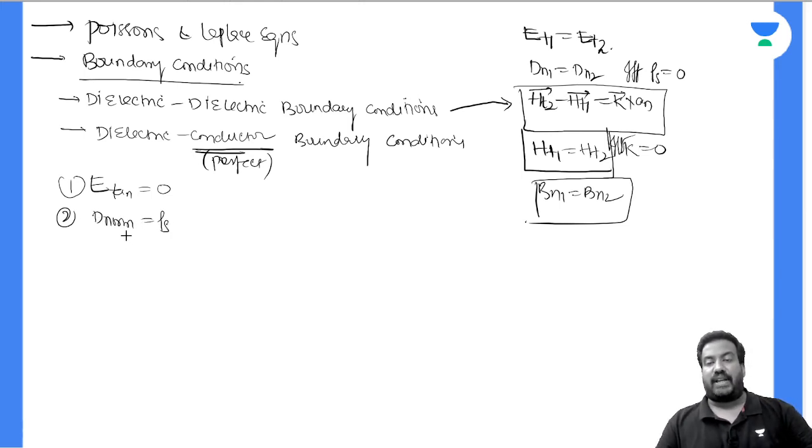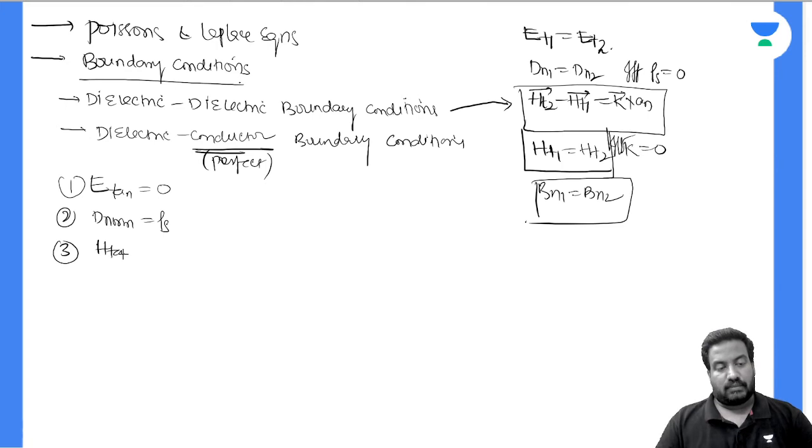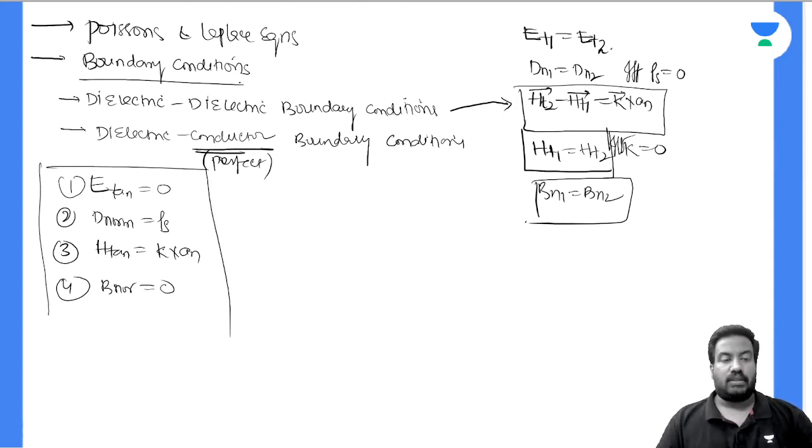Normal component of electric flux density will be equal to surface charge density. H tan is equal to K cross a N. B normal is equal to 0. These are the dielectric perfect conductor boundary conditions.